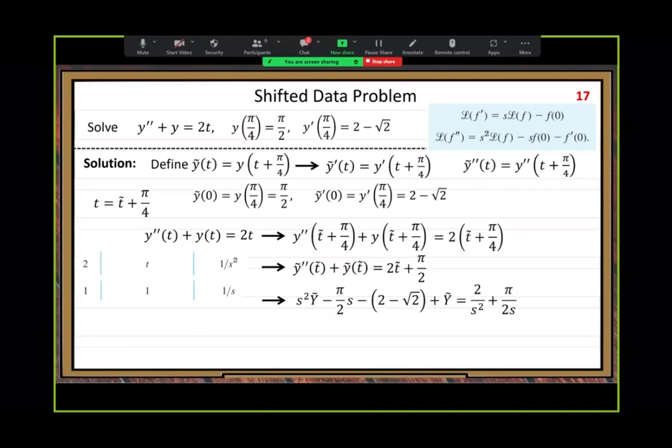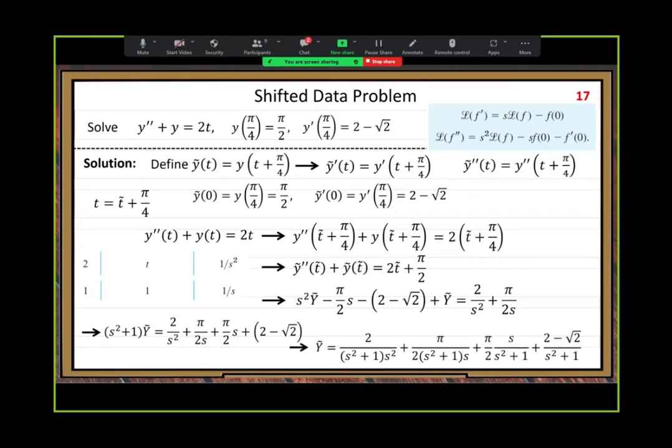The double prime and those formulas are converted to an algebraic equation. Then it's just simplification, and we find y tilde in this long expression.